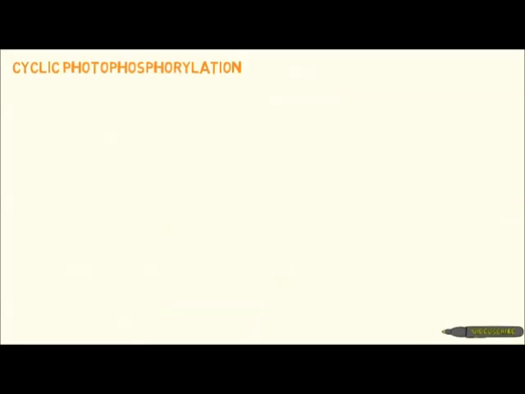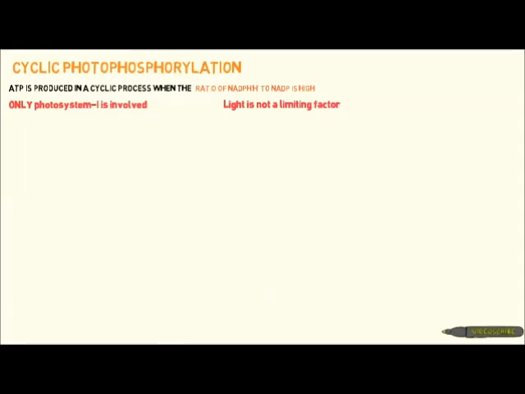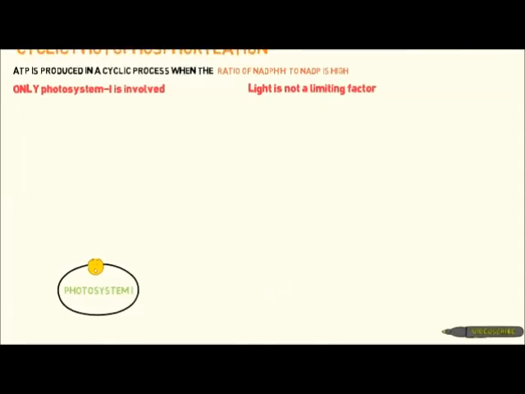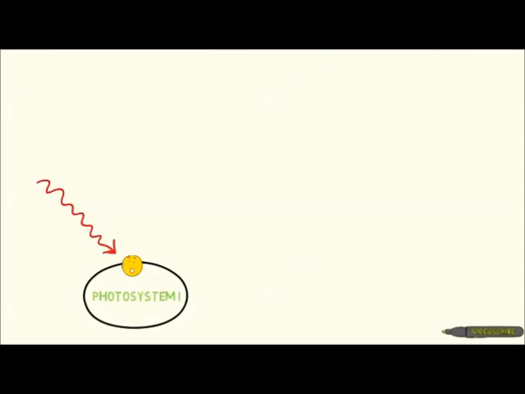The first step is photoactivation of photosystem 1. When an electron is energized by absorption of light, it is ejected from the photosystem and travels to the reaction center.